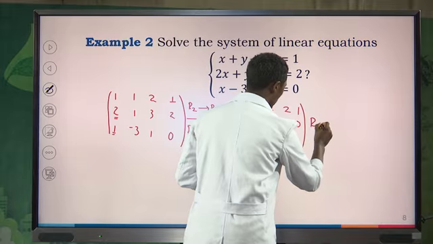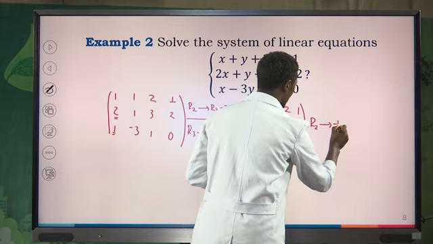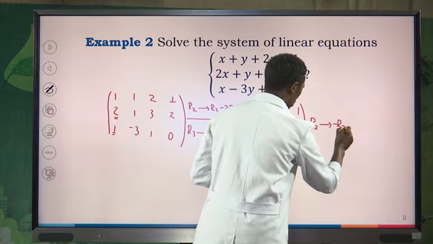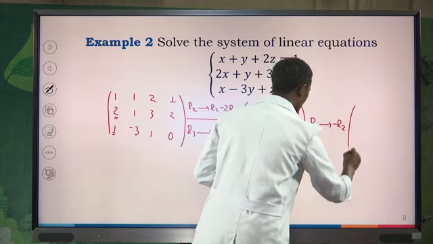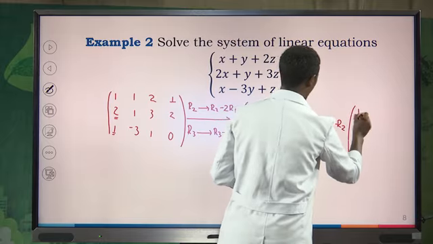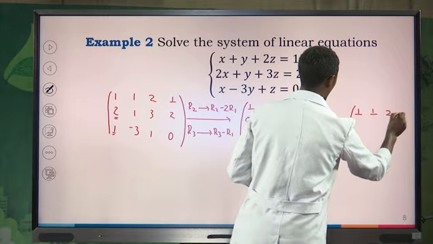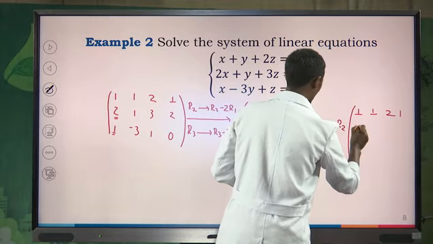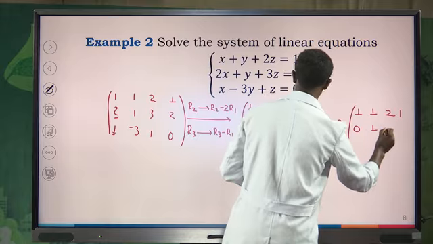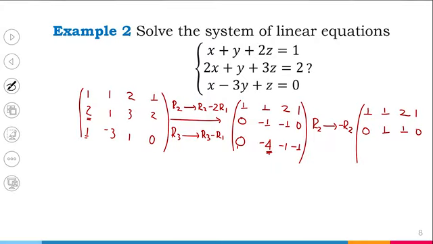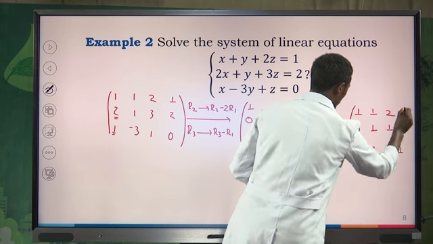So row 2 will be changed by minus 1 times row 2. So it will be changed to 1, 1, 0. Third row we'll write as it is, 0, minus 1, minus 1, 1.